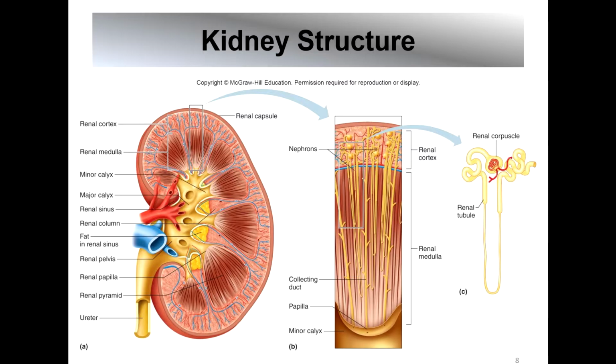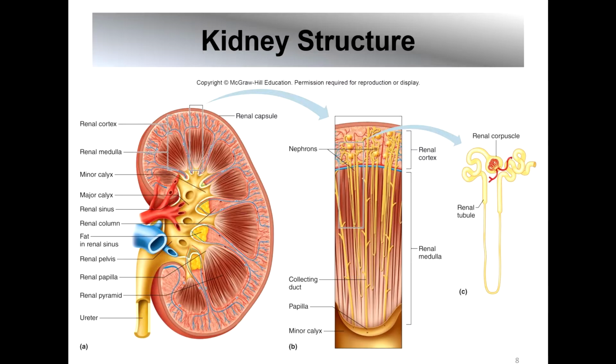All right. So yeah, the cortex is highly vascular. Okay, and so when blood flows into the kidney, most of it is going to flow to the cortex, and in the outer regions here, it's going to be processed in the renal corpuscles.